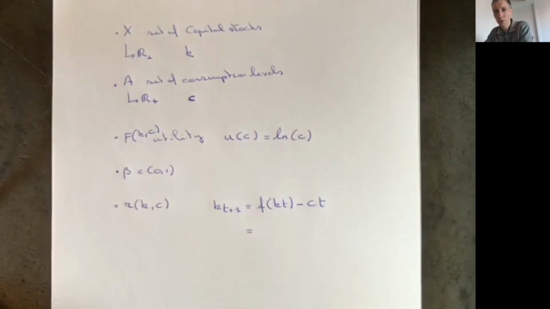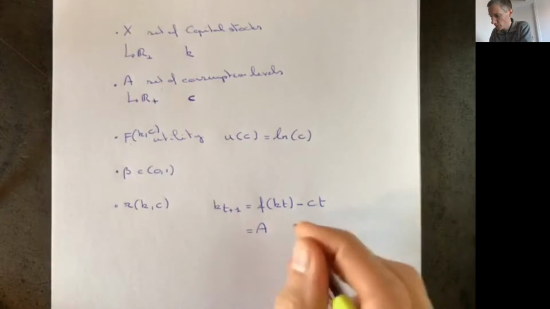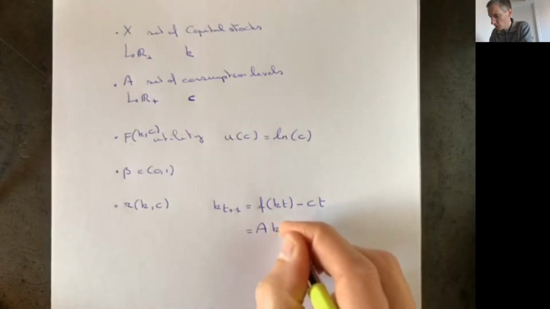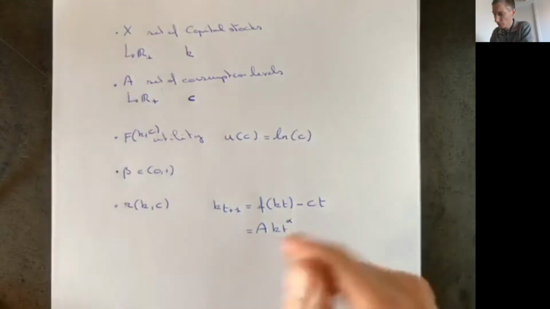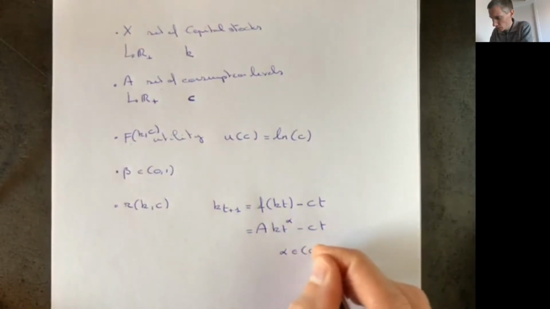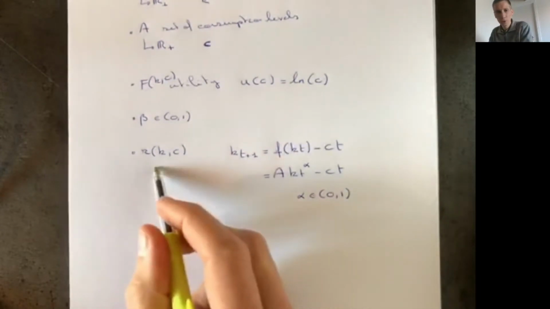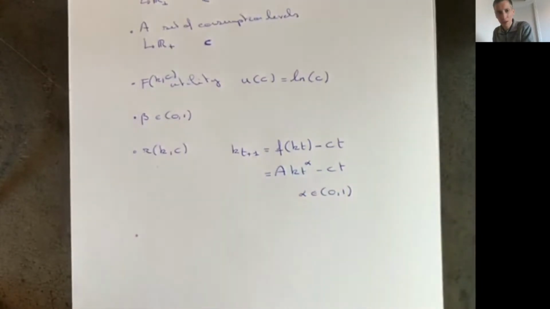Okay, and here we're going to use a very easy production function. So we're going to specify f(k_t) as A times k_t to the power alpha minus c_t. Here alpha is going to be a number between 0 and 1. Okay, so this is going to be our law of motion.